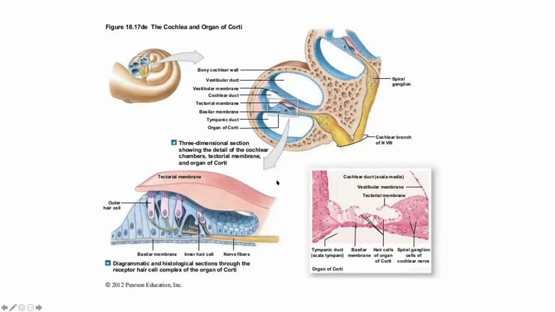So the sound wave goes through the cochlear duct and displaces the basilar membrane. It pushes these hair cells up into the tectorial membrane, which stimulates the hair cells, and that fires the nerves here.